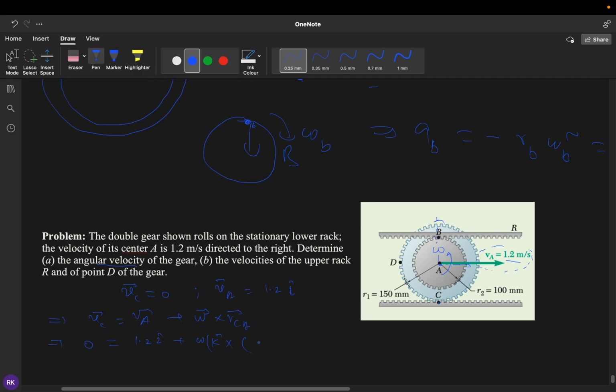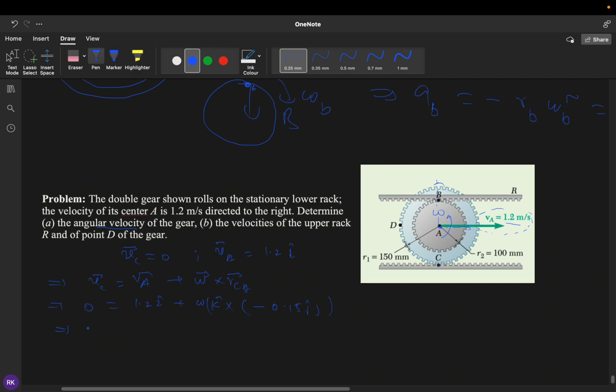It is 0.15 J, not minus, because with respect to this origin, this point is away. I mean, if you write RC minus RA, you will get negative. So 0.15 J.